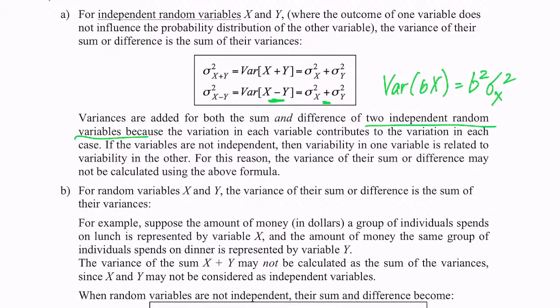So the variance of the sum of two variables and the variance of their difference is the sum of the variances, provided the variables are independent. That means if one occurs, it doesn't affect the probability distribution of the other, right?